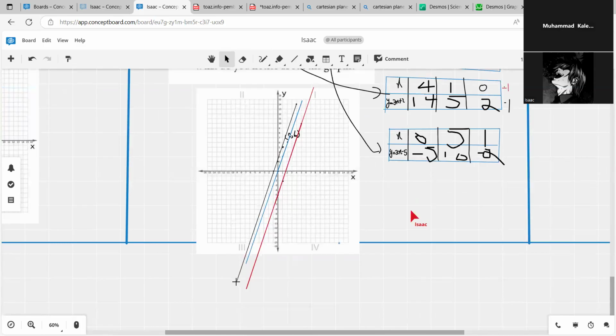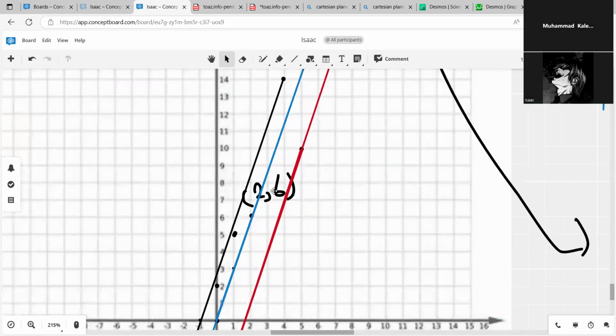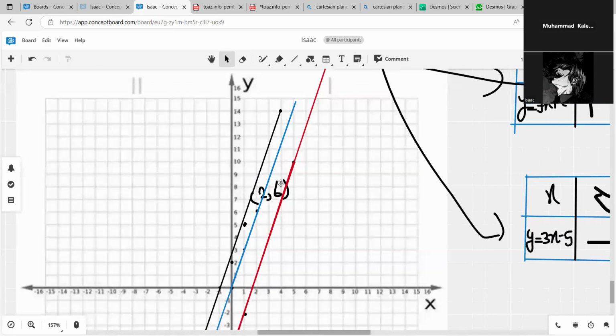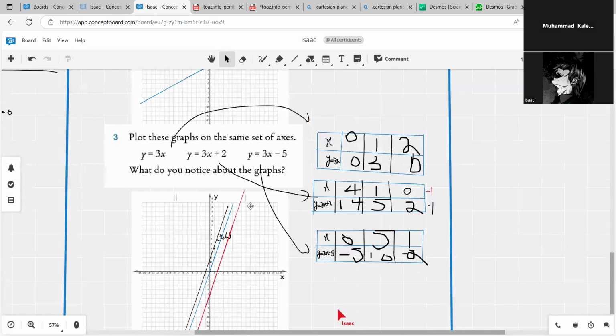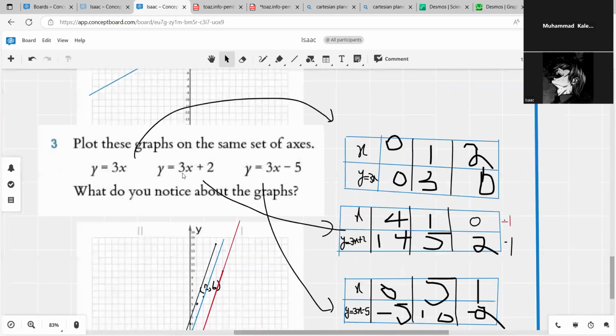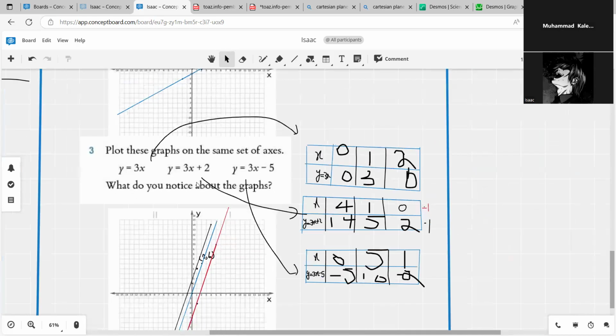Even that's not correct. Sorry. 4, 14. Let me check for 4, 14. When we replace x with 4 here, we get 14. 15, yeah, that's true.